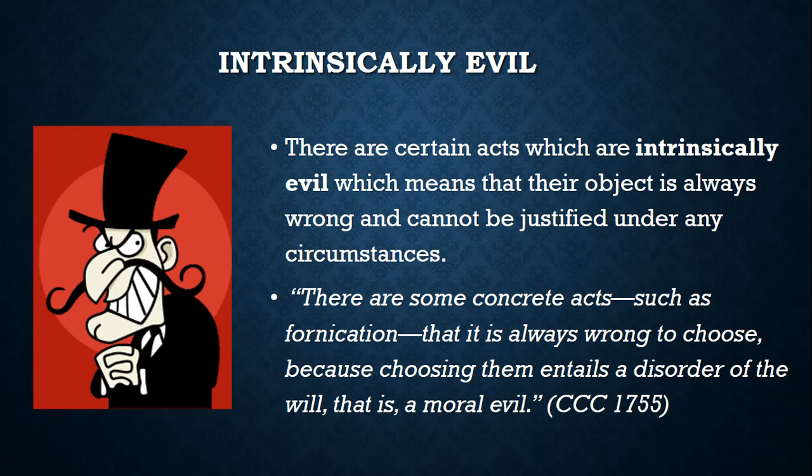Intrinsically evil actions. And this quote from the Catechism says that there are some concrete acts, such as fornication, which is sex outside of marriage, that it is always wrong to choose it because choosing it entails a disorder of the will that is a moral evil. So the Catechism only gives one example, fornication.